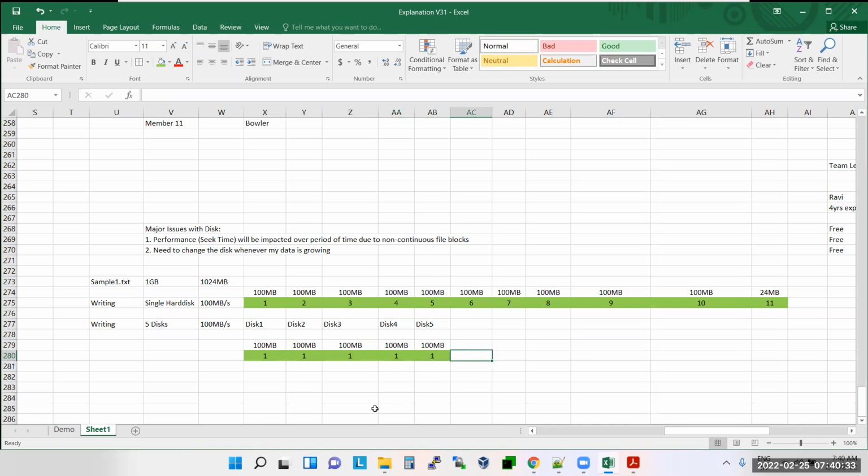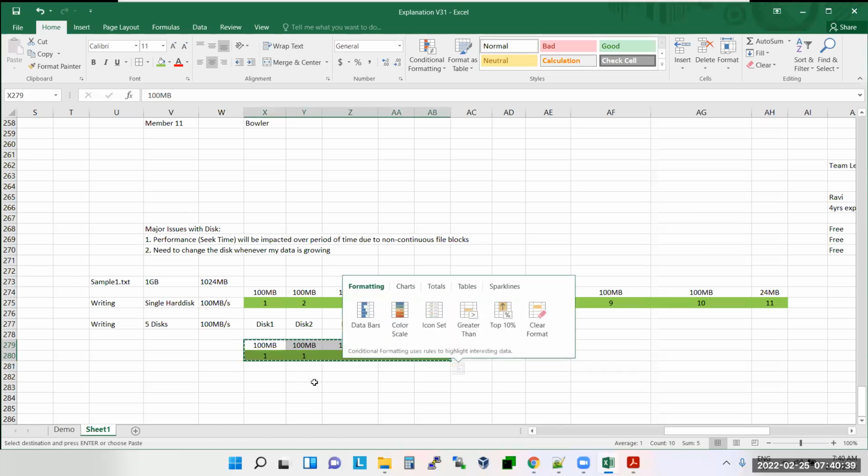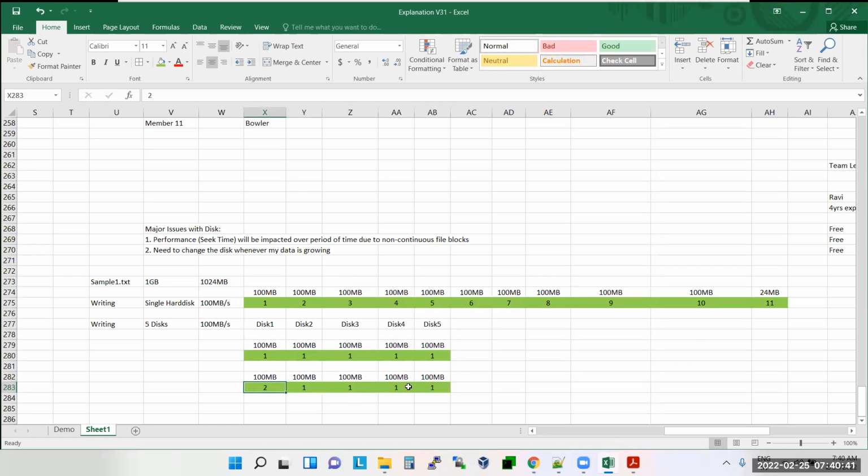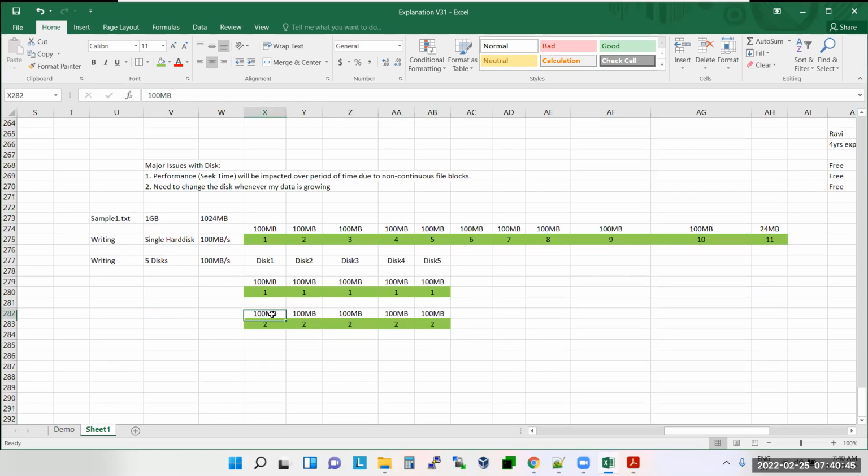This is the first round. The second round is the same. Then one more second, where it will write the remaining 24 MB.